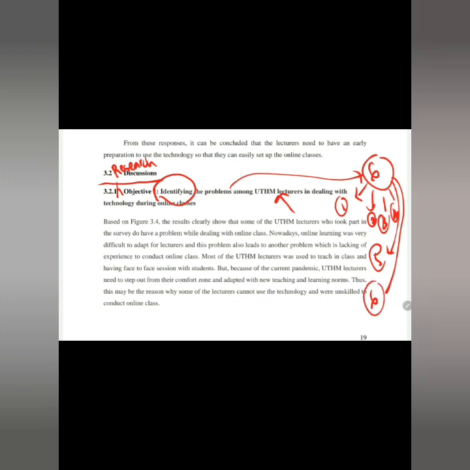Once you finish ranking the problems, then you discuss them. 1 for paragraph 1, 2 for paragraph 2, 3 for paragraph 3, 4 for paragraph 4, 5 for paragraph 5, 6 for paragraph 6. So you need to explain it. Like this one, the first one here is talking about the first problem.